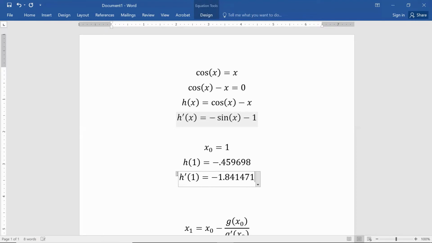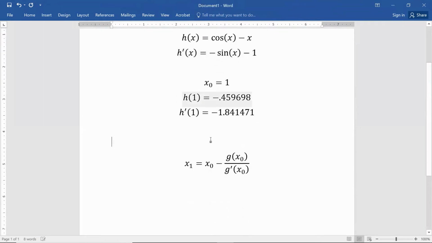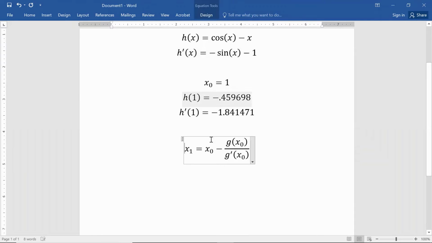I'm trying to make sure I rounded that to 6 decimal places. That's the hardest part, is not to screw up and write an extra number where it shouldn't be. So we see we get negative 0.45. That means that 1 is not a root. So we can do a first iteration of Newton's method and keep going from there.